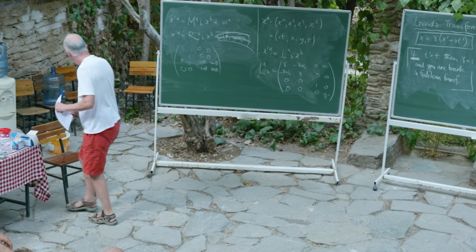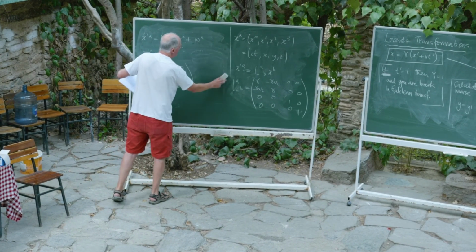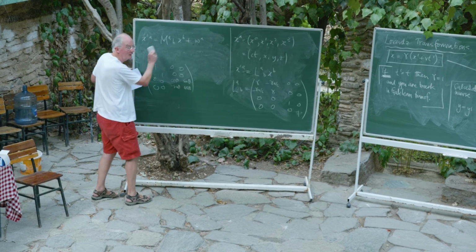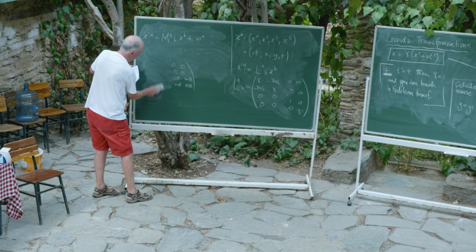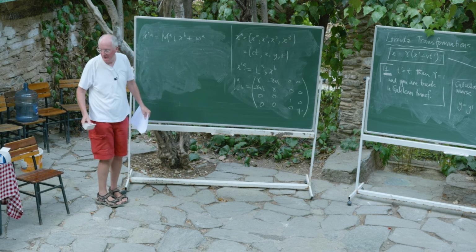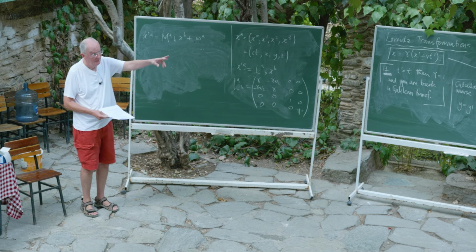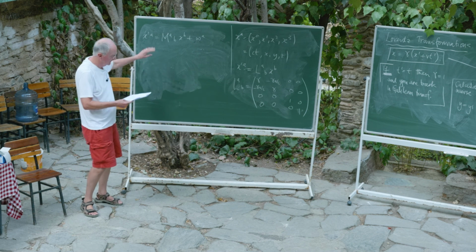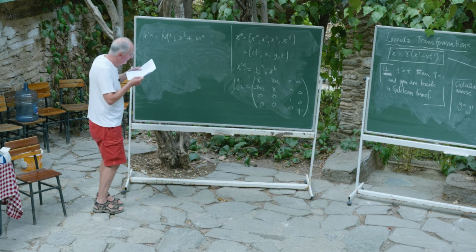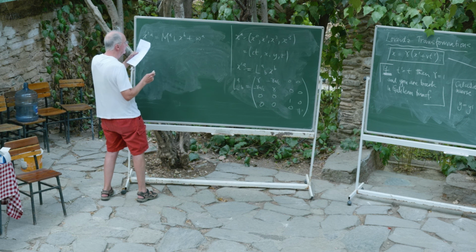But there is a condition on this matrix. It's not any old matrix here. If you just wrote down some arbitrary matrix, it would not necessarily be a Lorentz transformation. So there is a condition on this matrix, and the condition is that this transformation, have I missed something out?